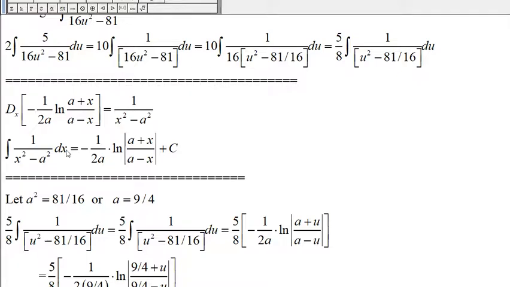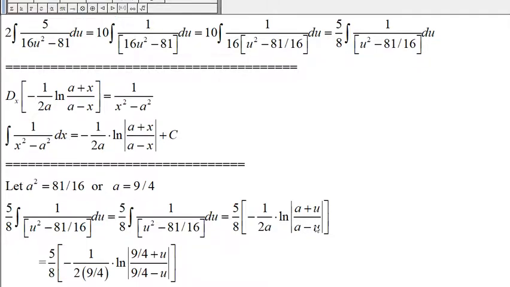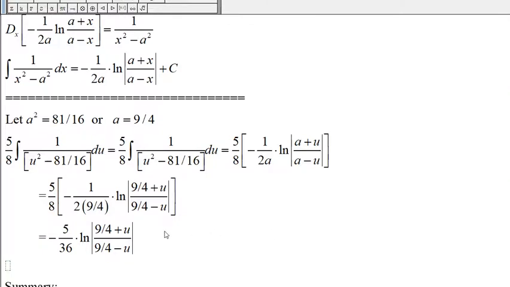Again, here the variable is x, but here the variable is u, and so we have u. And so we have 5/8 times negative 1 over 2 times 9/4, and then here we have 9/4 and 9/4. And then 5/8 times this would be negative 5 over 36 times the natural log of this.